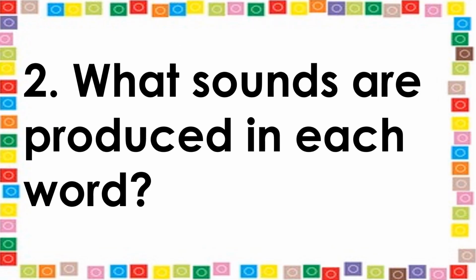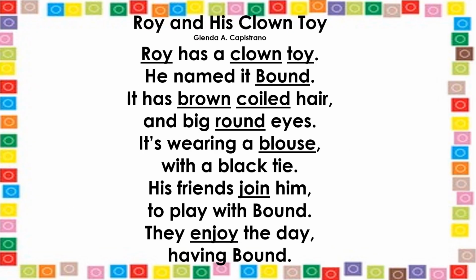Number 2. What sounds are produced in each word? For the word Roy, we have OY or OY. For clown, we have OW or OW.